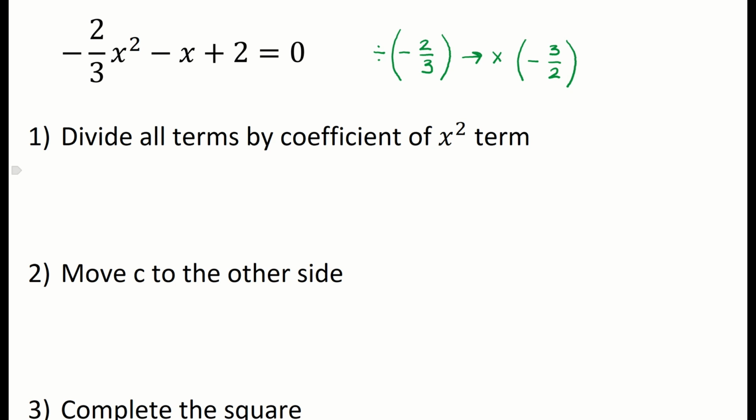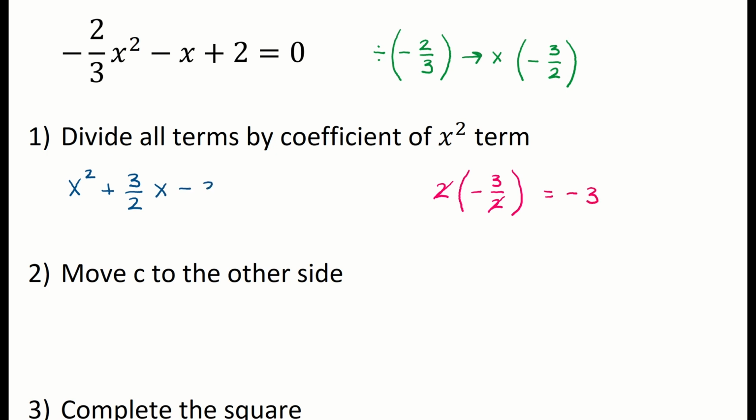That's going to change our equation to x squared. Negative x times negative 3 over 2 is positive 3 over 2 x. And then for our last term, we have a 2 times negative 3 over 2, which will just cancel out the 2 on the bottom and turn this into a negative 3.